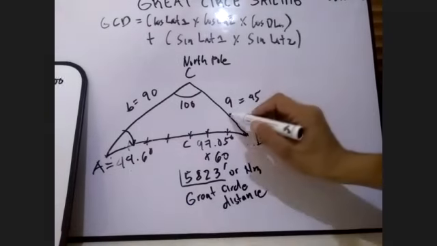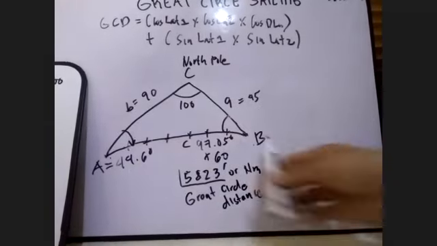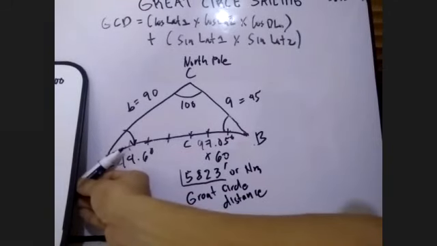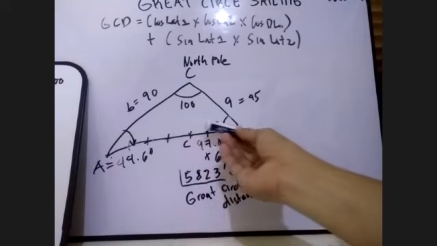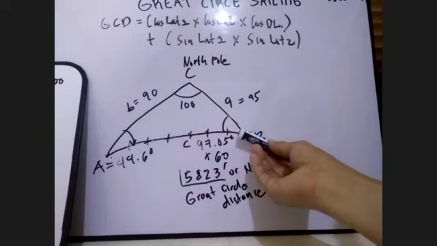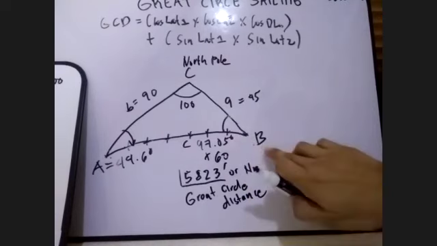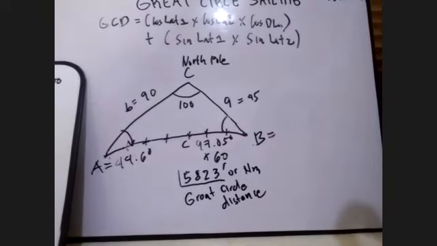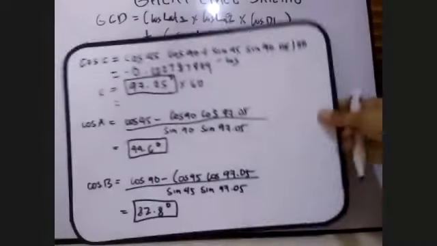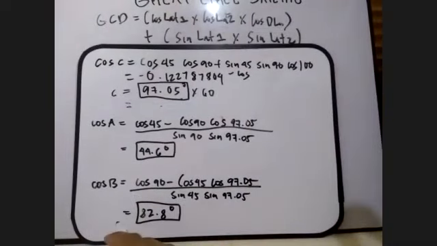So now let's identify the final course. It looks like the vessel is traveling here and then going somewhere here. So let's identify the final course by calculating the value of B. My calculation by cosine law formula, my answer is 82.8 degree.